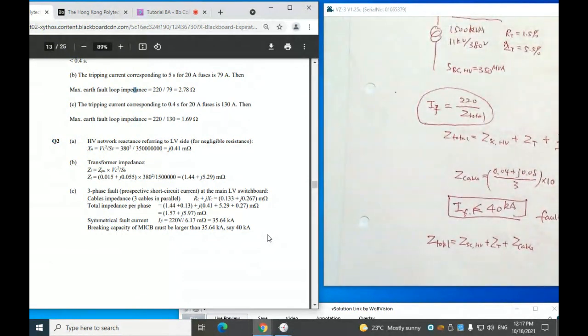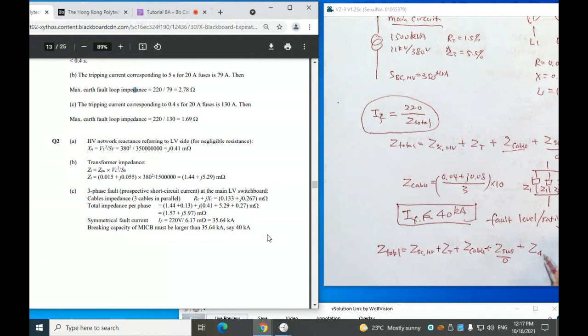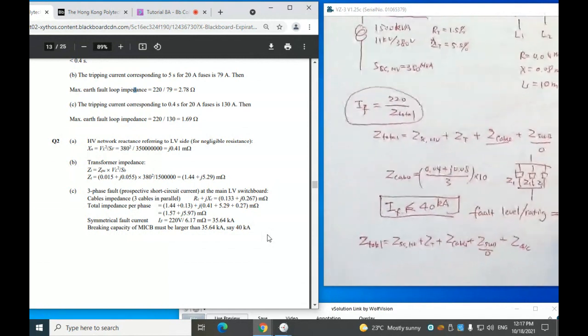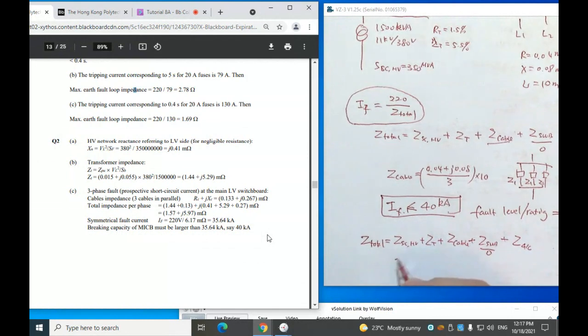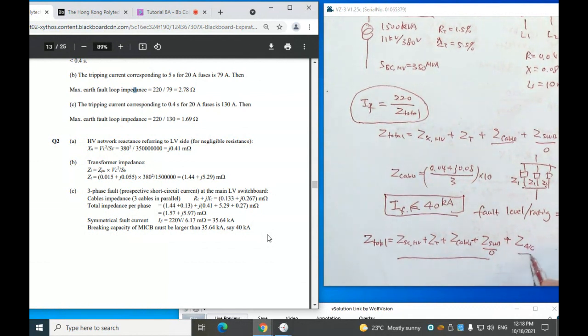This cable is the main circuit, and the switchboard impedance is again 0 here, and then the second cable. We call this a 4-core cable. Everything here is the same as the one we showed in the tutorial sheets, so we need to include the additional one here.